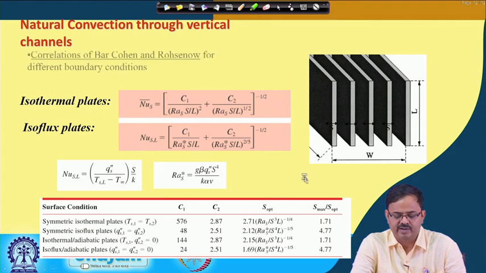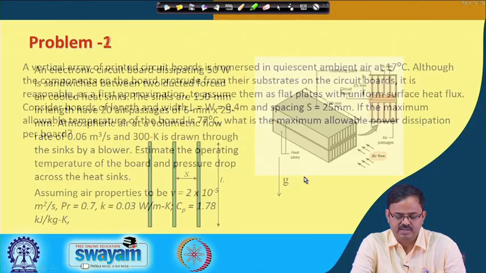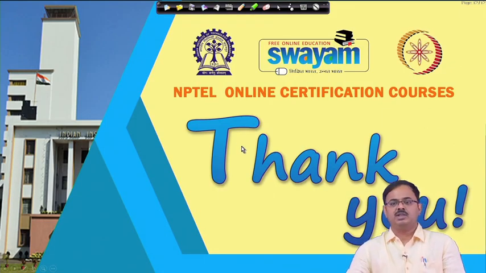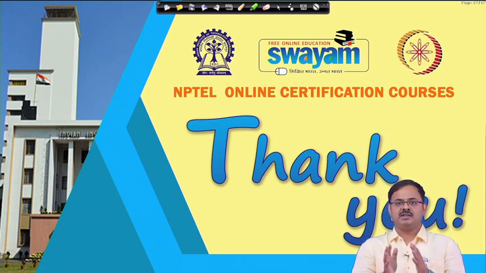The only thing that we need to keep in mind in this problem is the maximum temperature occurs at the topmost point, at the tip. Okay. All right. Thank you very much. I just wanted to give you the feel of 2 problems, forced convection and natural convection.